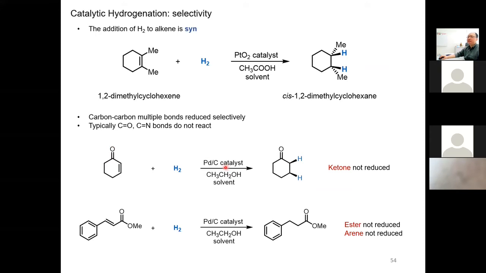But under palladium on carbon or platinum catalyst, the hydrogenation only happens at the carbon-carbon double bond. This chemoselectivity is quite important because when you try to devise a synthetic route to a molecule, you need to understand that hydrogenation won't happen on the C=O double bond, C=N double bond, or ester or ketone, and it only affects the carbon-carbon double bond. So this is the chemoselectivity of the catalytic hydrogenation.